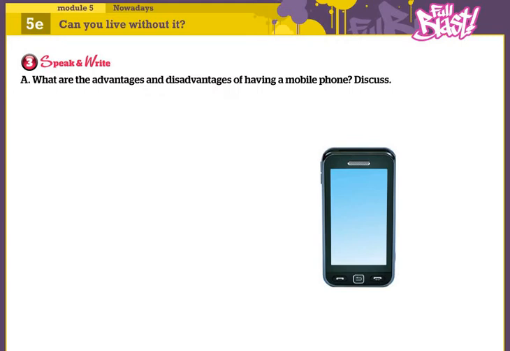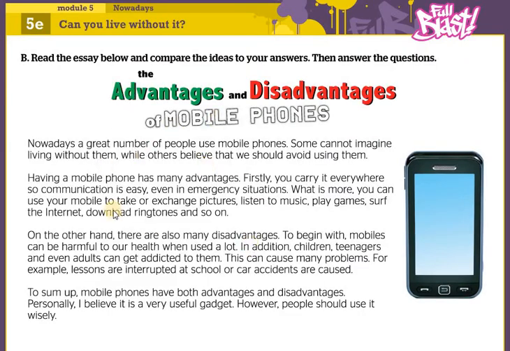So it's kind of a discussion, right? Try to answer this question between yourselves, and try to compare it with this essay. So today we are going to have a look at a new mechanism of writing, which is the essay.